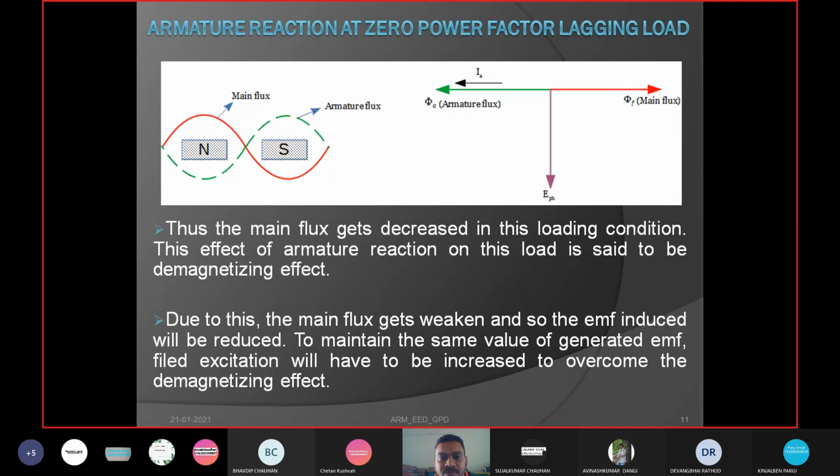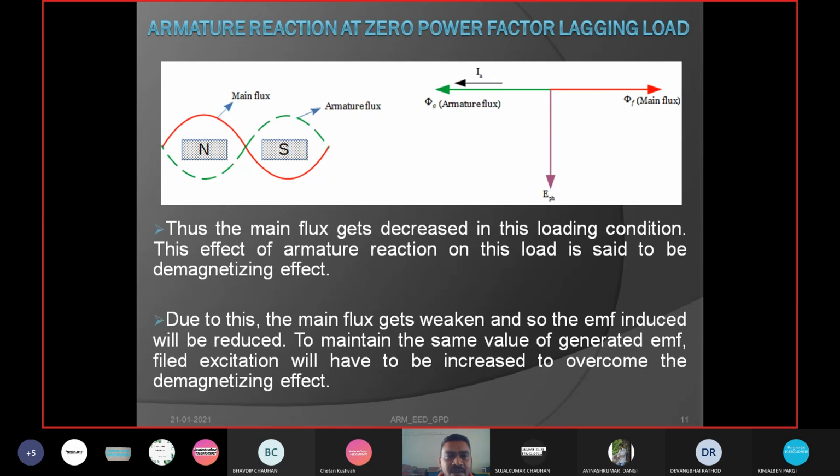In unity power factor, what is the effect of armature reaction? That is the cross magnetizing effect. That means the value is not reduced so much, but it will distort the main field flux. Whereas in this lagging power factor load, the effect of armature reaction is demagnetizing.